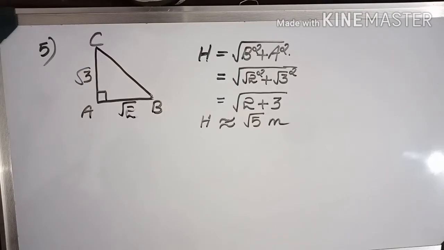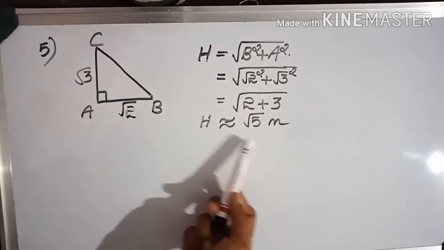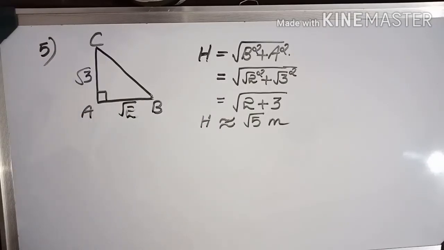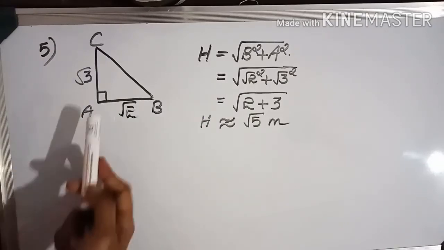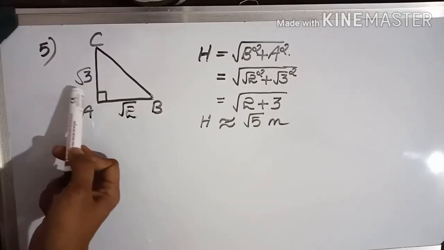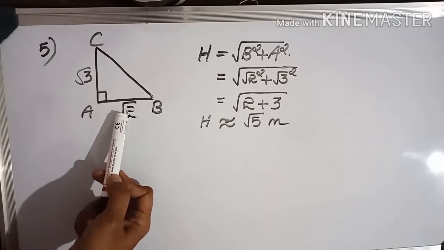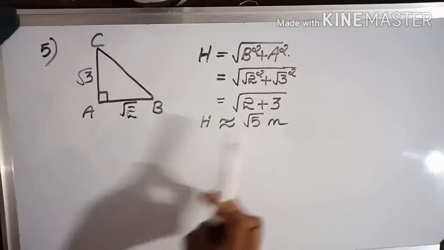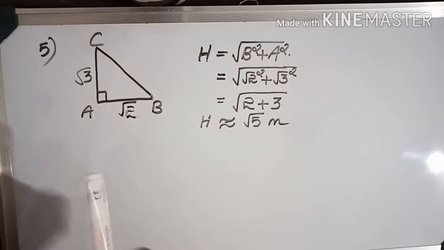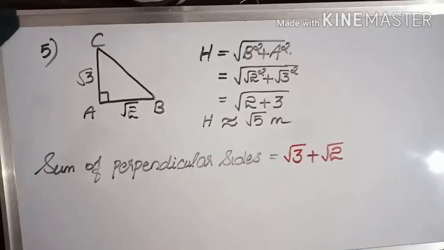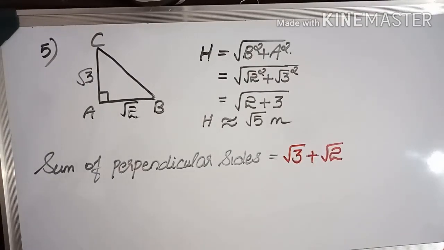Now in the next part, it is asked what is the difference between this hypotenuse and the sum of these two perpendicular sides? How much larger is the sum of these two perpendicular sides than the hypotenuse? That means we have to find the sum first, then subtract this. That is the difference we have to find. So the sum of the perpendicular sides is root 3 plus root 2.